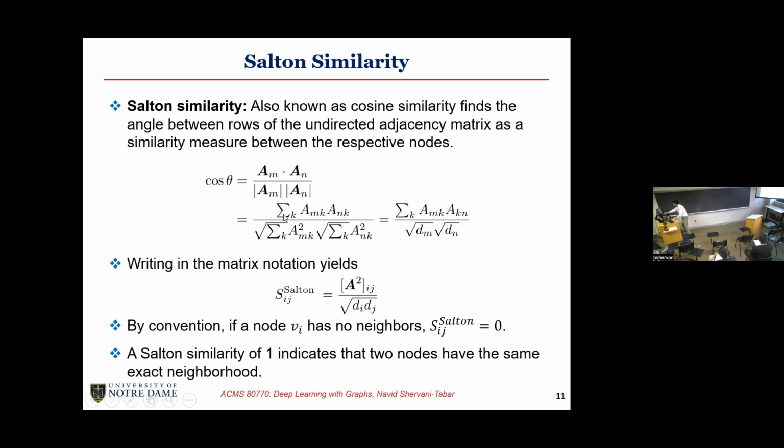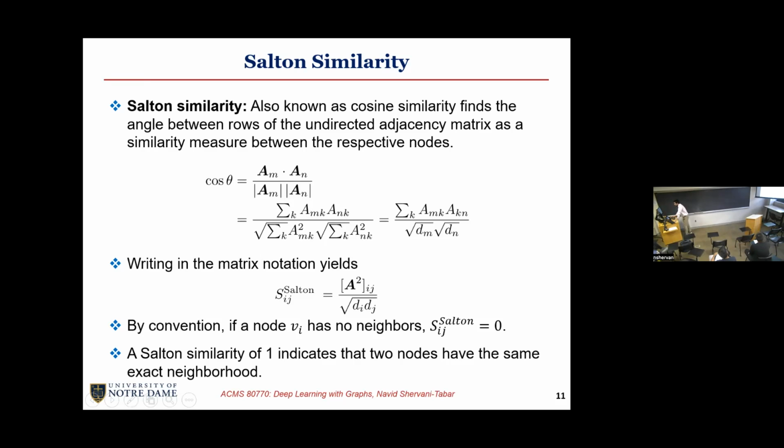All right, so the idea is that we have our inner product. We represent vector m and vector n, and we sum over all the elements k of these two vectors.